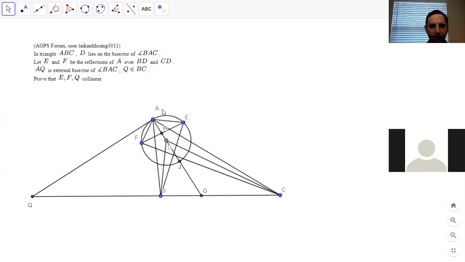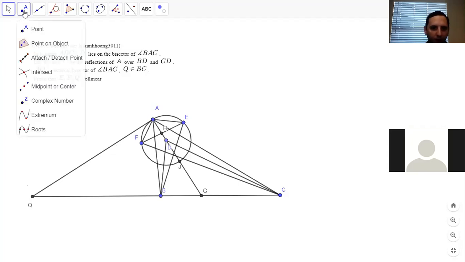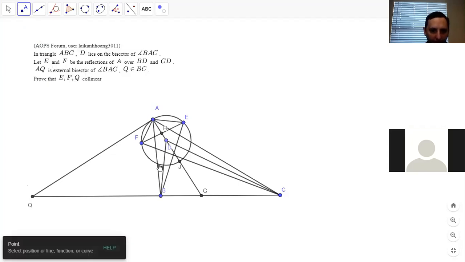But basically, if we let EF meet this at Q prime, we want to show that the cross ratio Q prime, B, G, C is the same as the cross ratio Q, B, G, C. Maybe that's one way to do it.